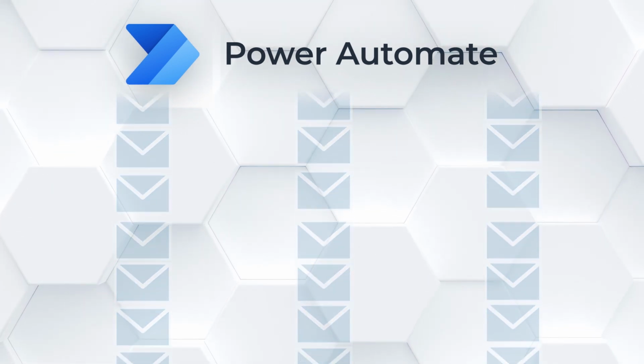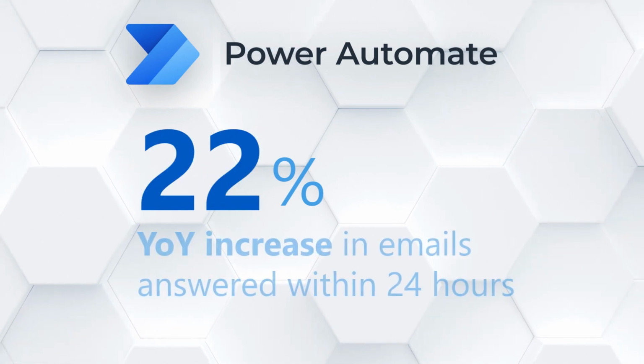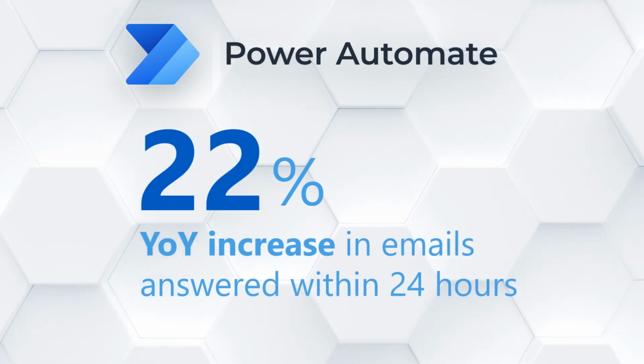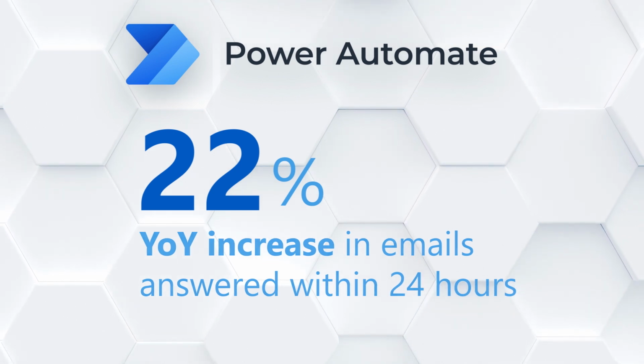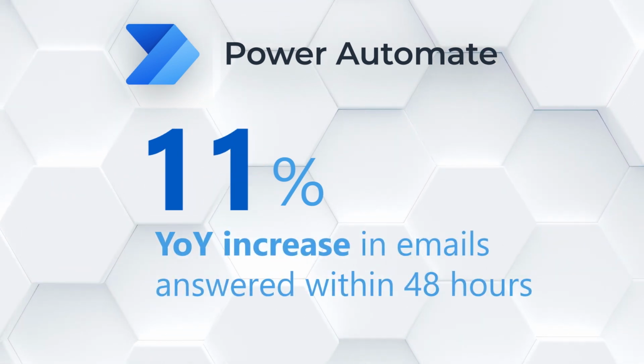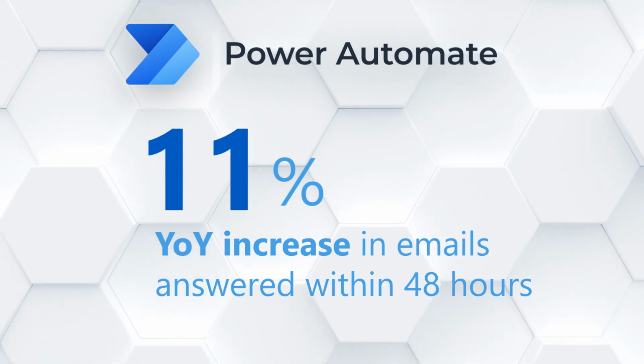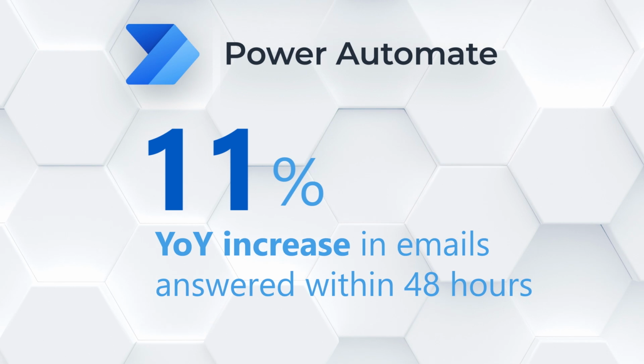As a result, they had a 22.5% increase in the number of emails answered within 24 hours after we implemented this solution. They also had an 11.5% increase in the number of emails answered within 48 hours. They really did improve the level of satisfaction for their clients by speeding up the process of reaching their customers.